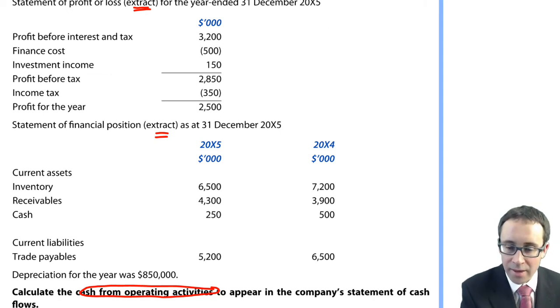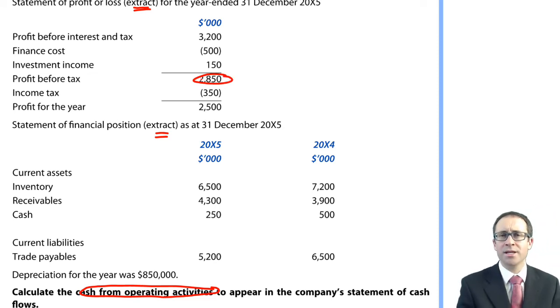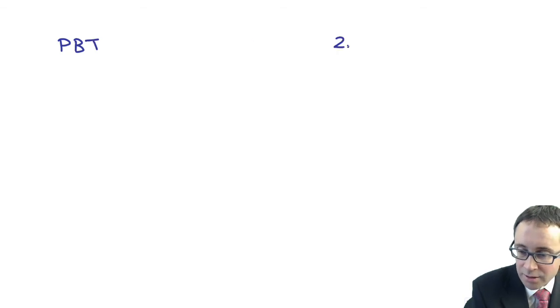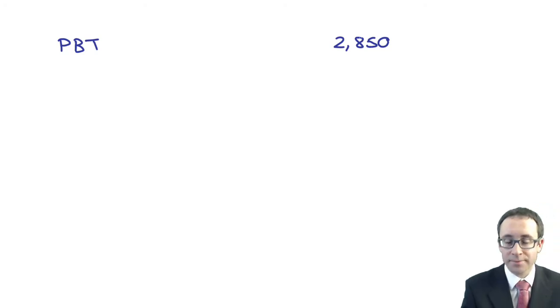But remember, the key bit there is that you start with your profit before tax, PBT. Is that there at 2850? Okay. So what we've got there is that we start off with profit before tax. Is that 2850, isn't it?